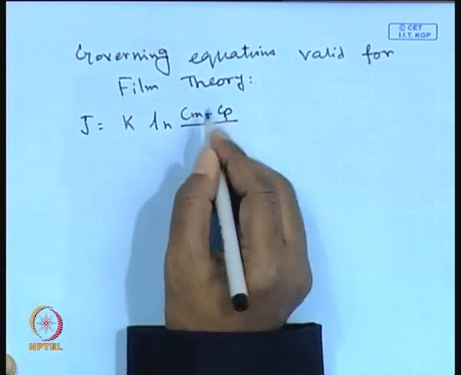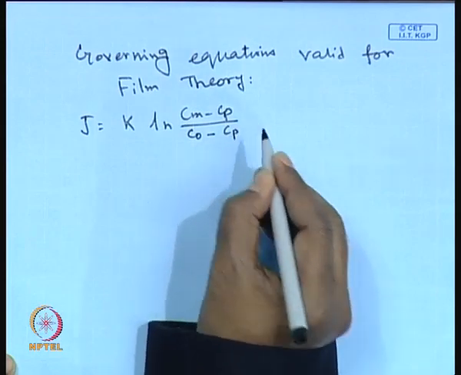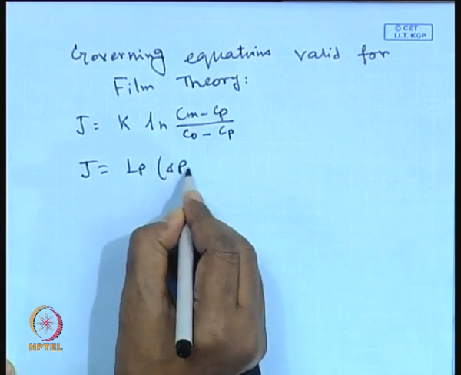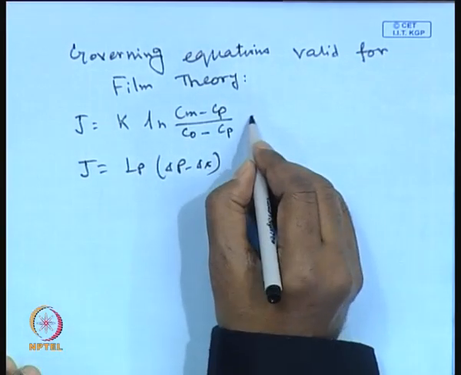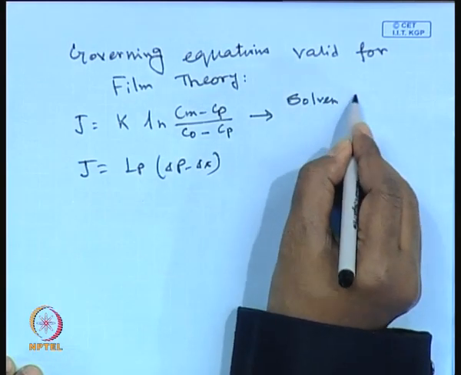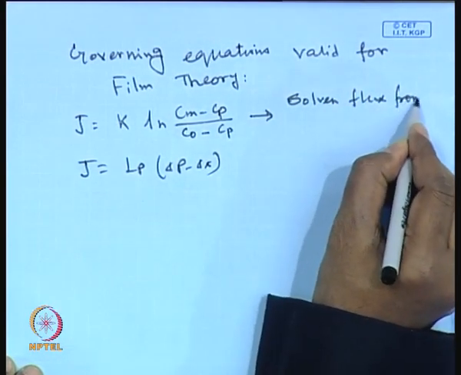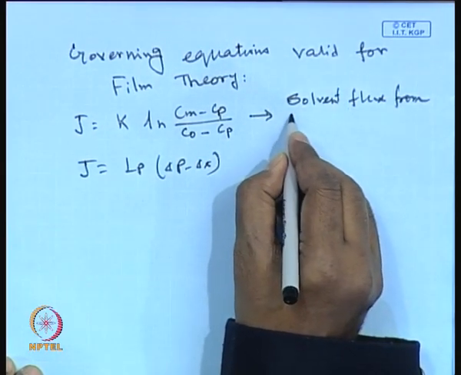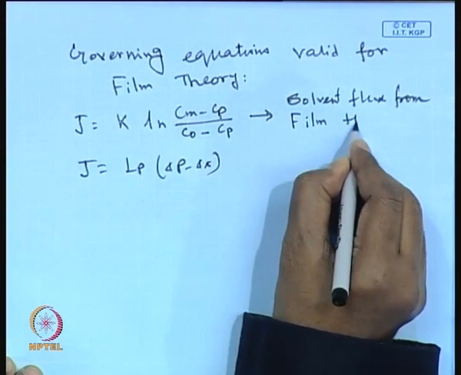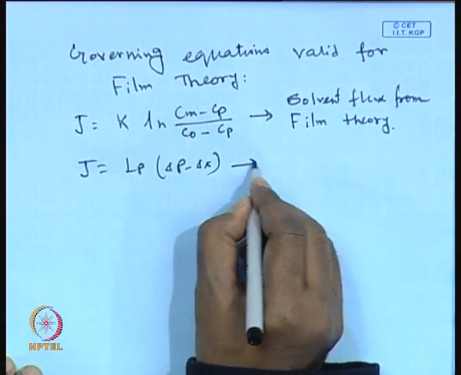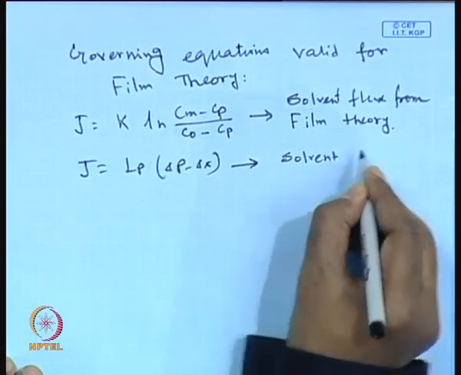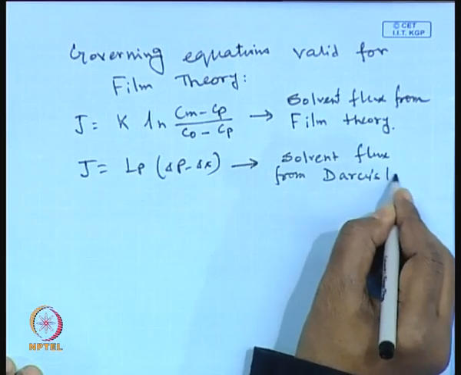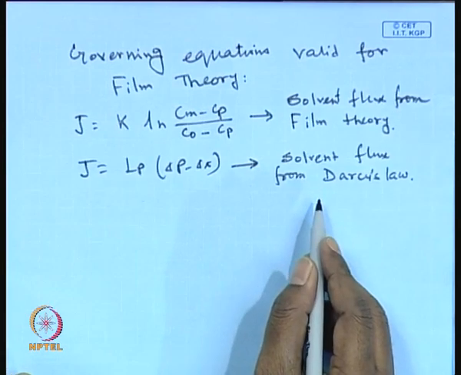If you remember, this you obtained by using the solute mass balance over the membrane surface, and another relation was J equals Lp times del P minus del pi, that is the solvent flux you obtained from boundary layer analysis from film theory, and these you obtained from the solvent flux from Darcy's law, that is valid for the transport through the porous medium.